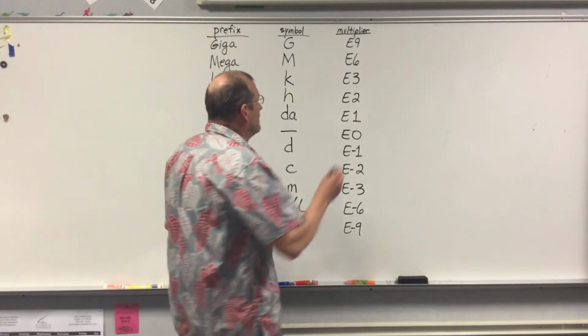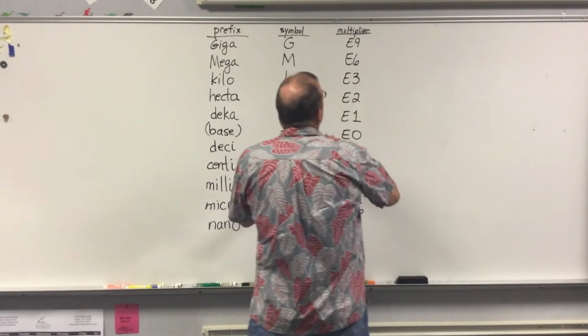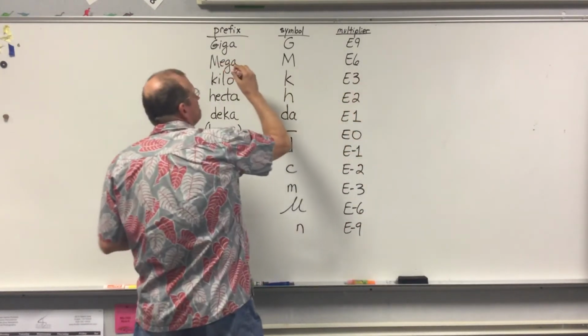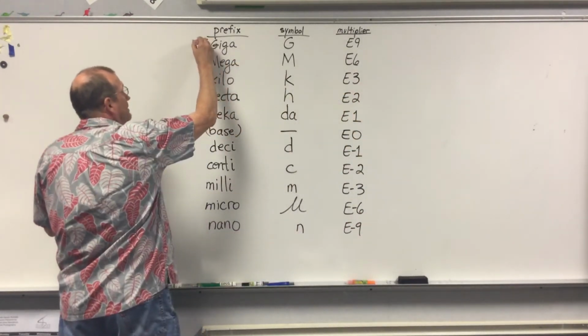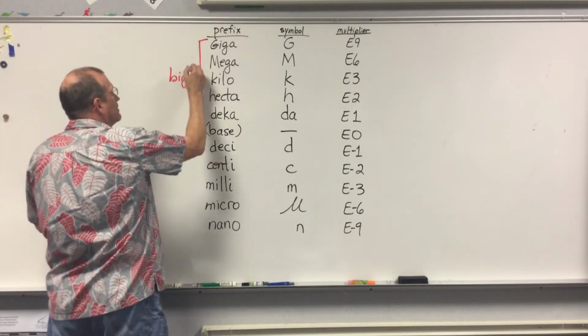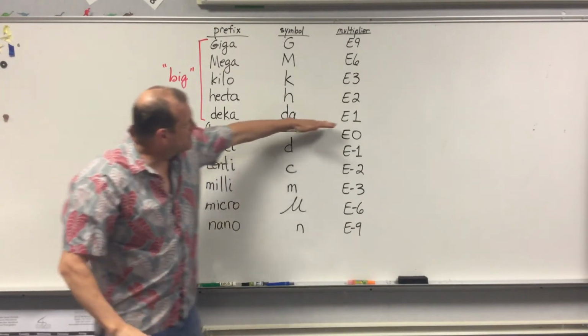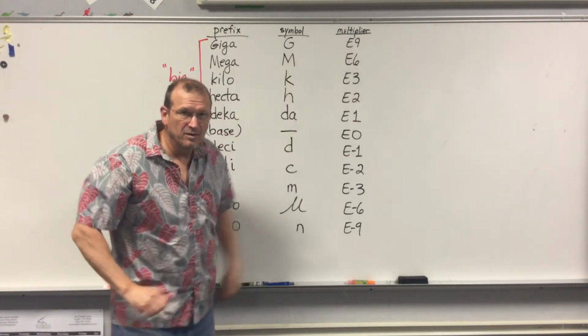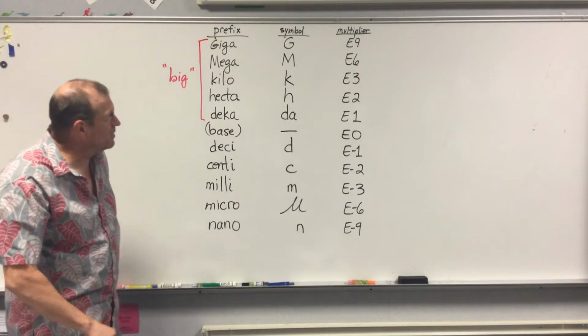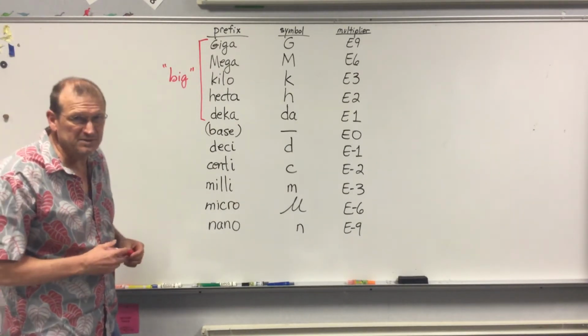Okay, now, a couple comments here, and I'll change colors on this. This collection of prefixes that have positive exponents on the E, I refer to those as big prefixes.